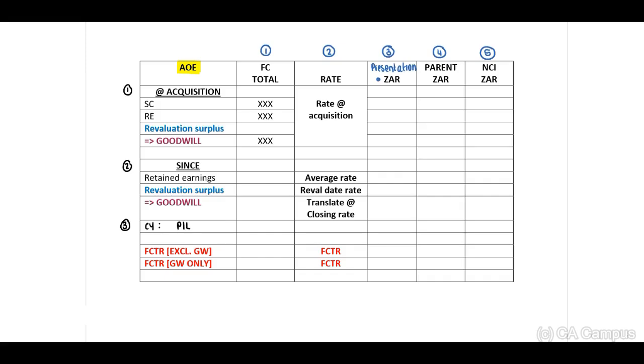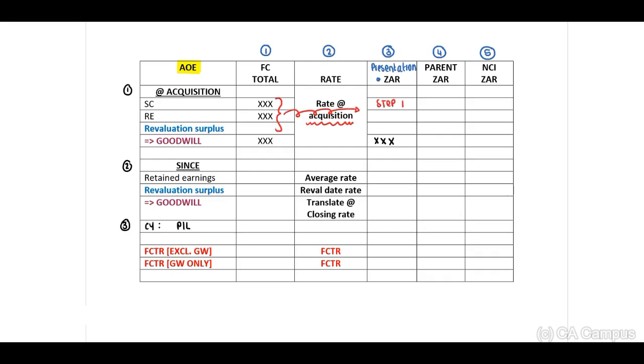Now, when you look at your steps, remember step 1, you need to translate the foreign currency at acquisition owner's equity to your presentation currency using your at acquisition date rate. Therefore, you will use all of your equity at acquisition, translate this to your presentation currency, and this will be step 1. Then you need to calculate your goodwill using your presentation currency.